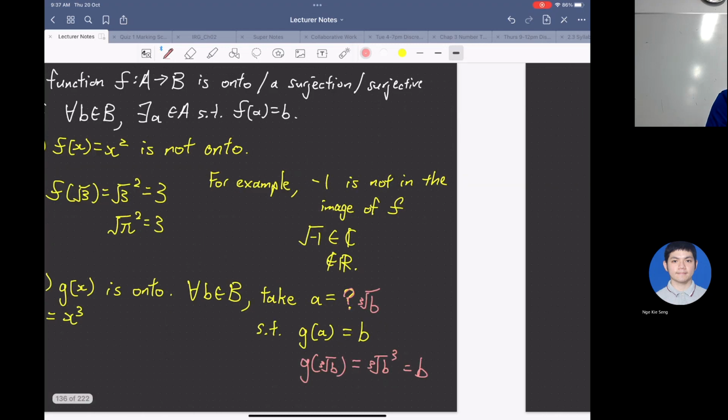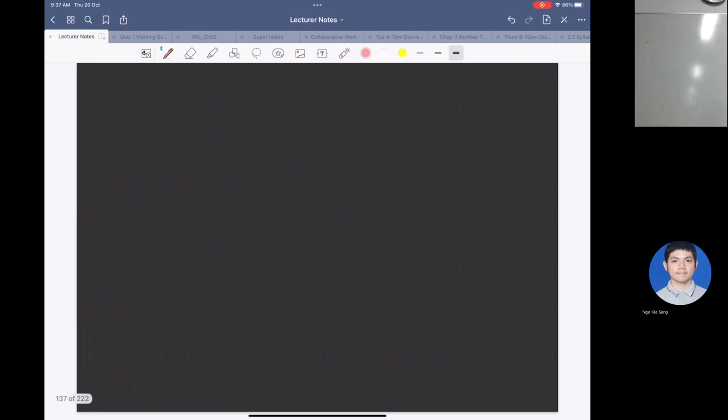Okay, so definition again. If the function is both onto and one-to-one, we will call it a bijection, or it's bijective.